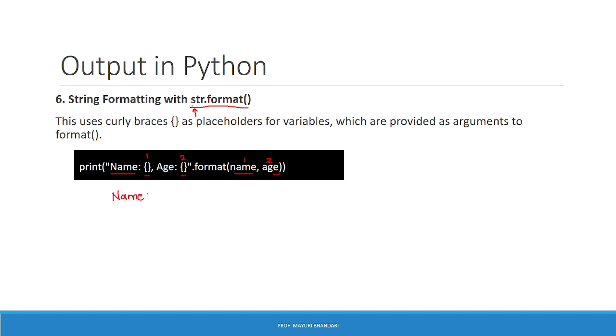Name colon, in place of the first empty curly braces, the value for name will be replaced. So Alice comma age, and in this second placeholder the value for age will be placed. So age 20. We are using this format function here.